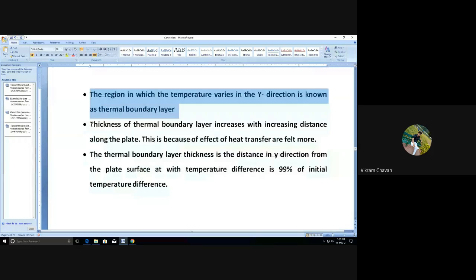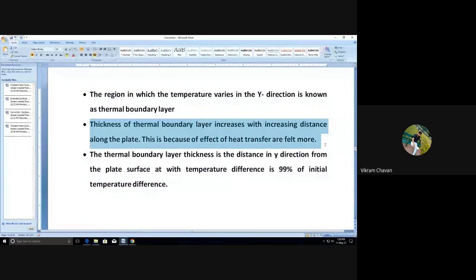Next, the thickness of thermal boundary layer increases with increasing distance along the plate.